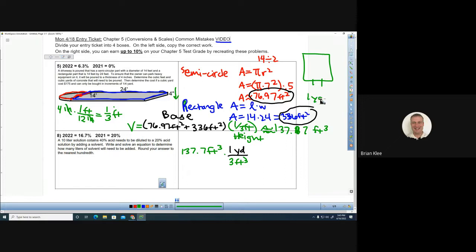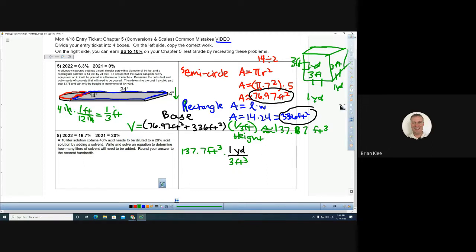And again, a great representation of that. 1 yard, 3 feet. I've got 3 dimensions. This is what a cube would look like. So I got another 3 feet here for a yard. I got another 3 feet, the height, equaling 1 yard.